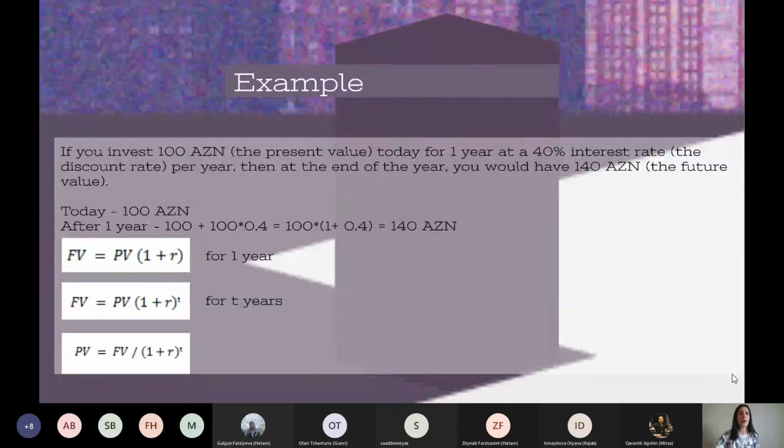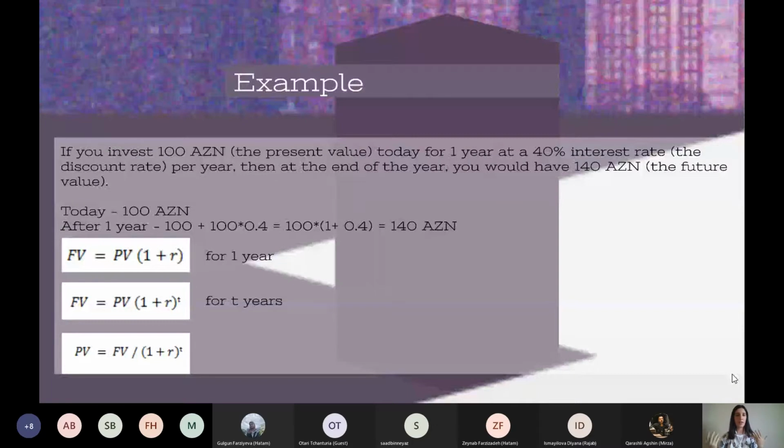It could be per month, per quarter, but for simplicity, let it be per year. So I say, okay, I'm waiting for 1 year and then I come back, I will take my money. And after 1 year, I will receive 140 manats, which is the future value.